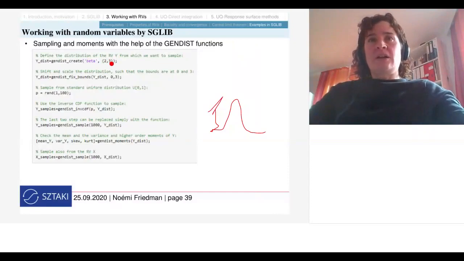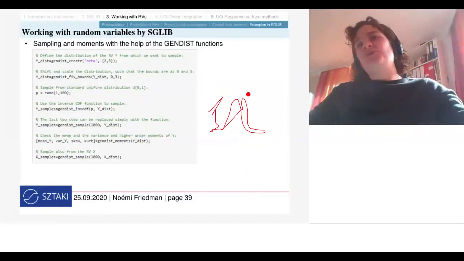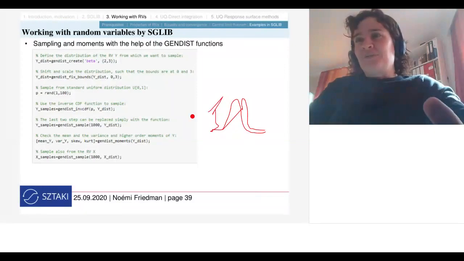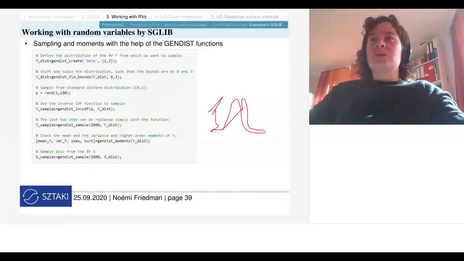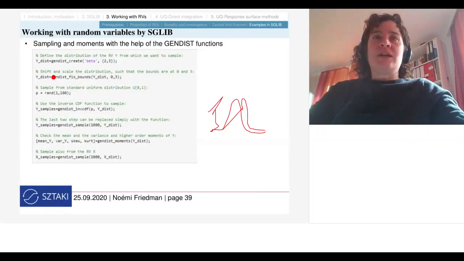You can play with these alpha and beta parameters to get a skewed distribution, which looks like a Gaussian but a bit skewed. Okay, good. So the beta distribution is a useful distribution, and you also have it available in the library package.